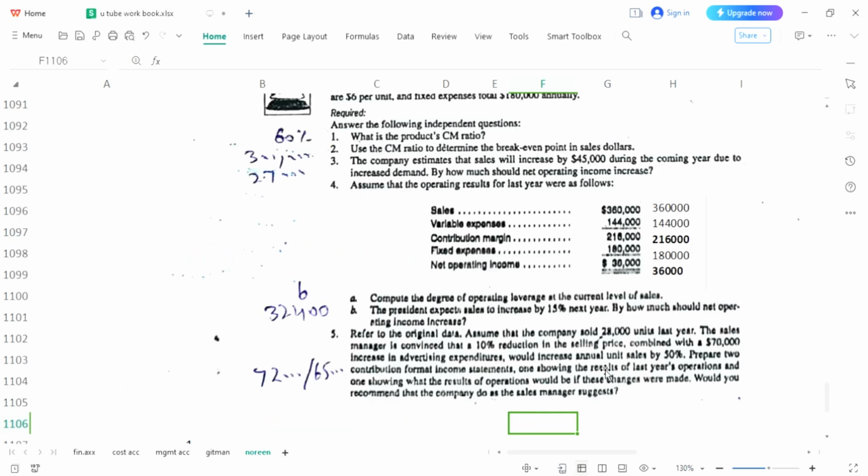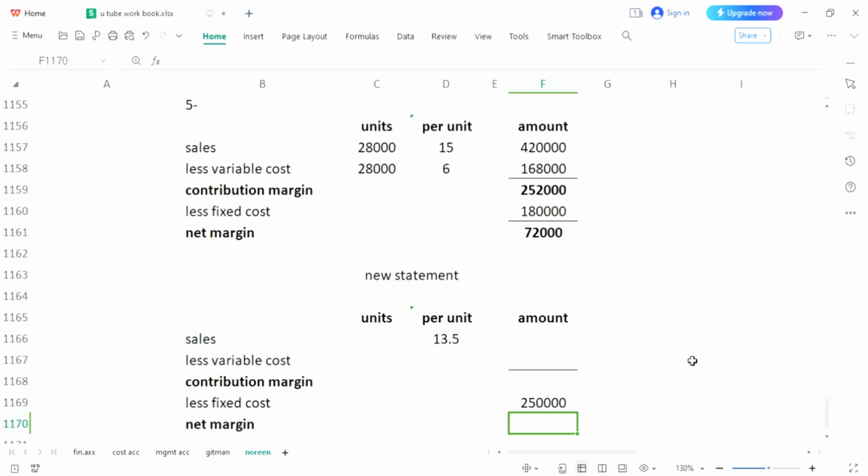Would increase annual sales by 50%. We were already selling 28,000 units and 50% would be added. How? 28,000 is old; to increase, you will add 50% of 28,000, so you will multiply it by 50 and divide by 100.